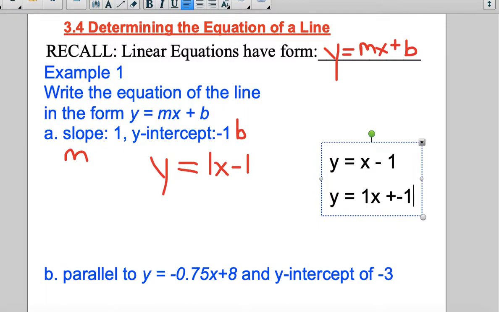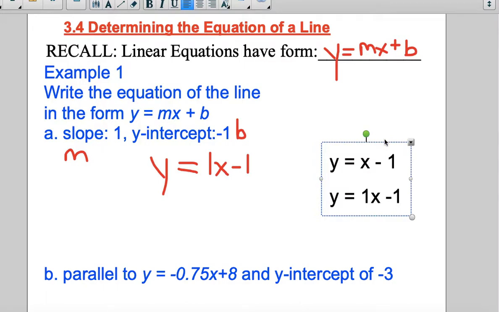But if you recall from integers, we don't really do a double sign like this. When we have a positive and a negative, you have to get rid of the positive. So this is an acceptable answer, and this is also an acceptable answer.